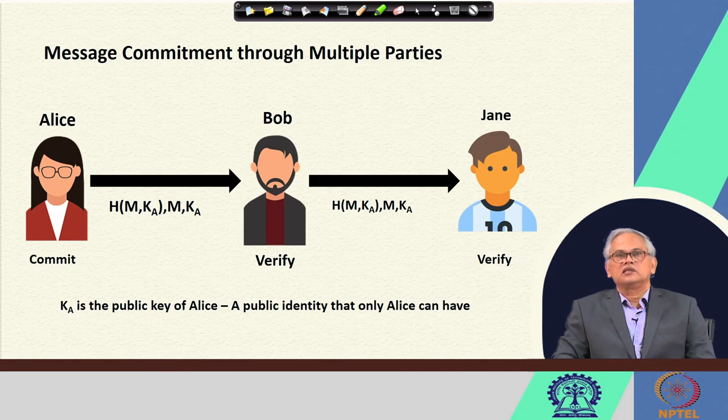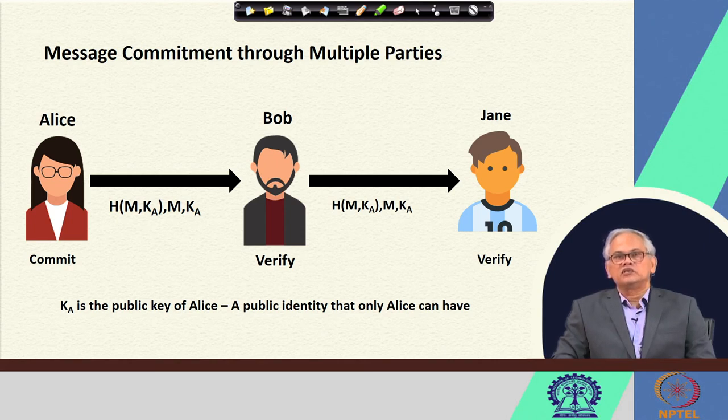So, what is done is that the message m and the public key of Alice, that is K_A, along with the hash of the message m and public key K_A, are all passed on to Bob, and Bob can easily verify whether this was indeed the message that was stored.